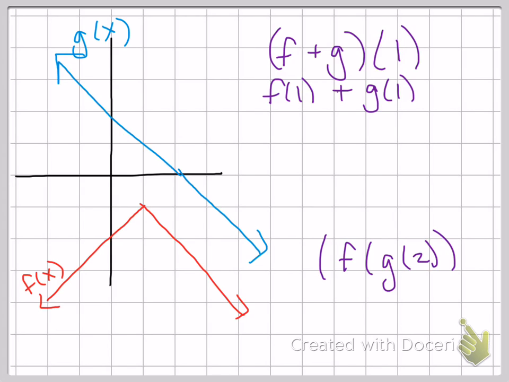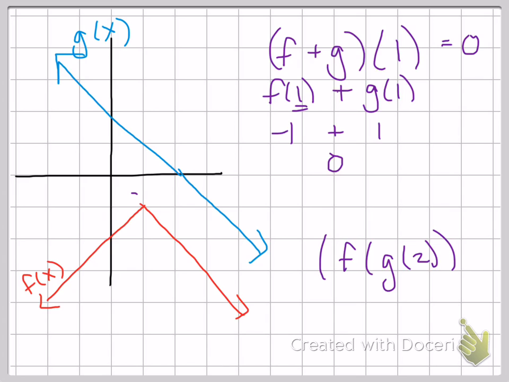It's just a different way to write it. So when x is 1 in the f function, my y is 1. When x is 1 in the g function, sorry, negative 1, when g is 1, the y value is positive 1. So when I add these two results, I get 0. So you're obtaining the information graphically.